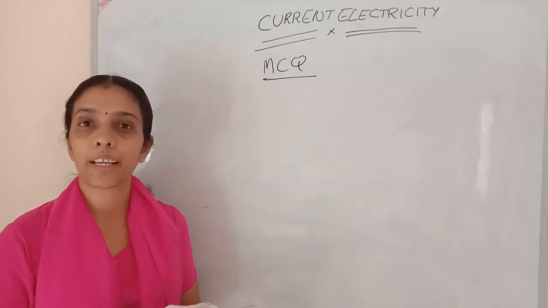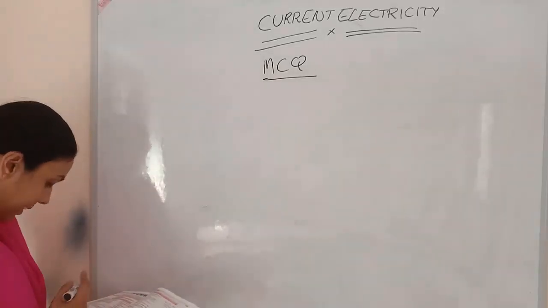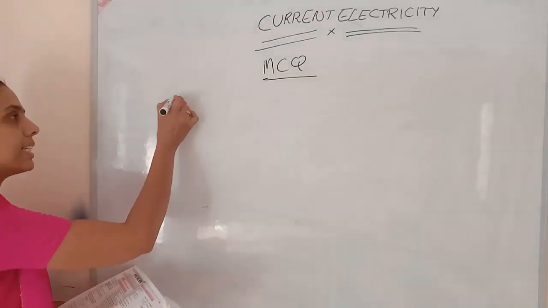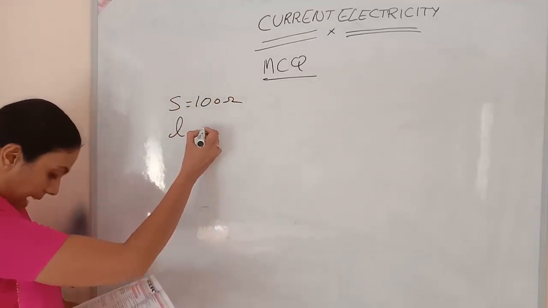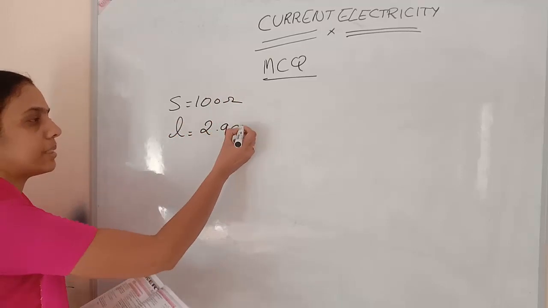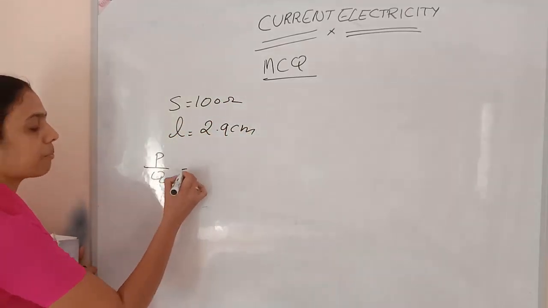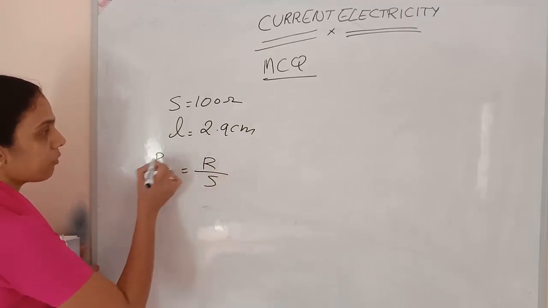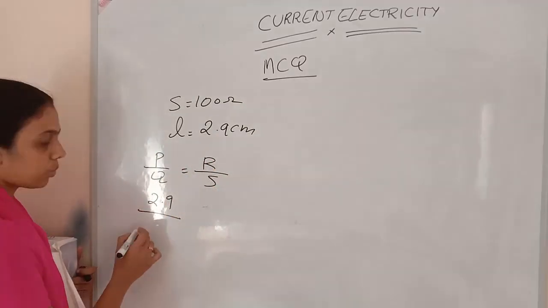So we can first find out what will be the value of R. Here it is given that S is 100 ohm and the length is 2.9 centimeter. P by Q equals R by S. In that, what is P? I am giving it as 2.9. Then what is Q here?